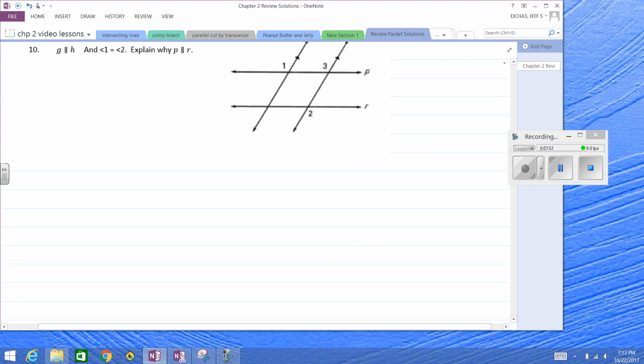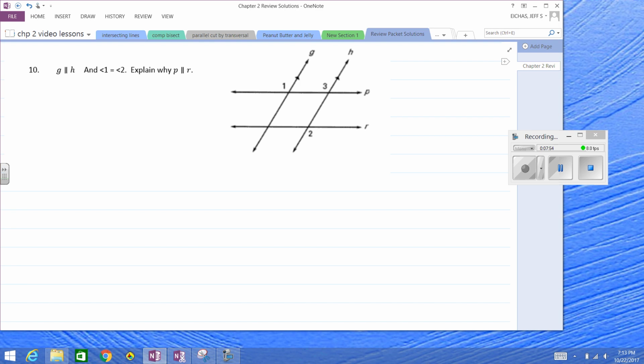All right, number 10. We're told that G is parallel to H. That's what those arrows mean, that those two lines are parallel. They told us here as well. Now, angle 1 happens to be congruent to angle 2. We usually mark it that way. When you have congruent angles, let me just draw one off to the side here.